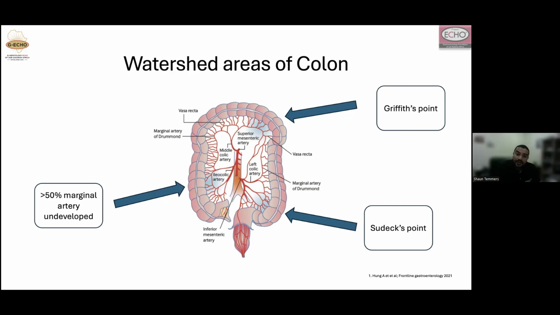And then the marginal artery of Drummond supplies predominantly the right side of the colon. About 50% of individuals have an underdeveloped marginal artery of Drummond on the right-hand side. And this anastomotic point between the marginal artery of Drummond and the ileocolic artery is another watershed area to consider.